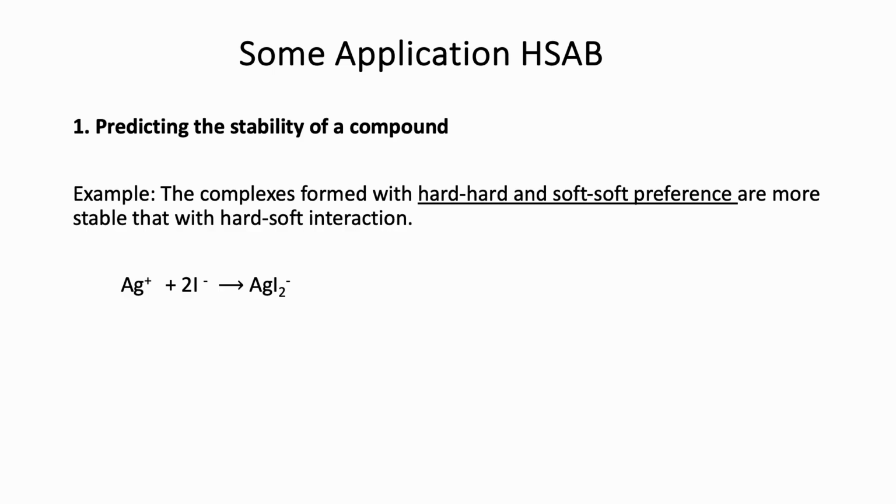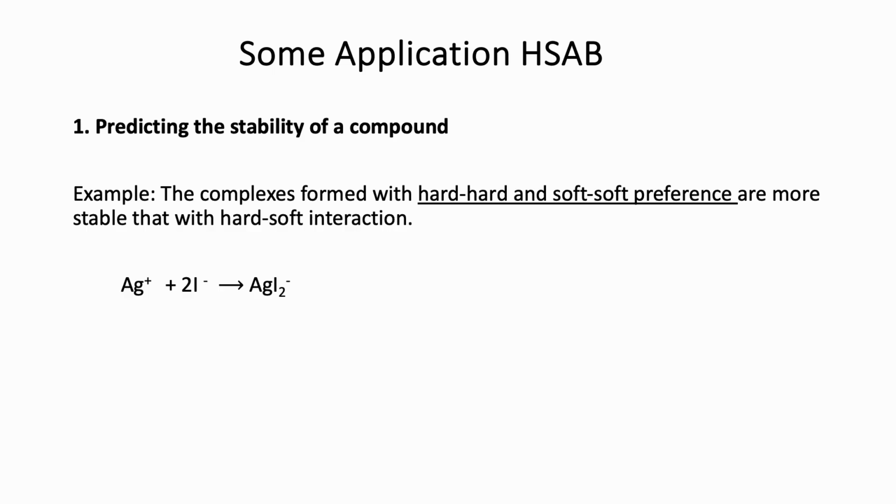If you know how to determine your soft acid, hard base, soft base, you should actually know their application. The first application is predicting the stability of a compound. For example, complexes formed with a soft-soft preference are more stable compared to hard-soft interactions. First off, you need to determine whether silver plus is soft and iodine is a soft base.